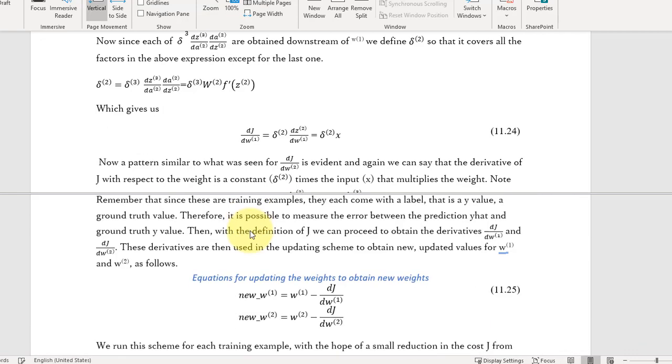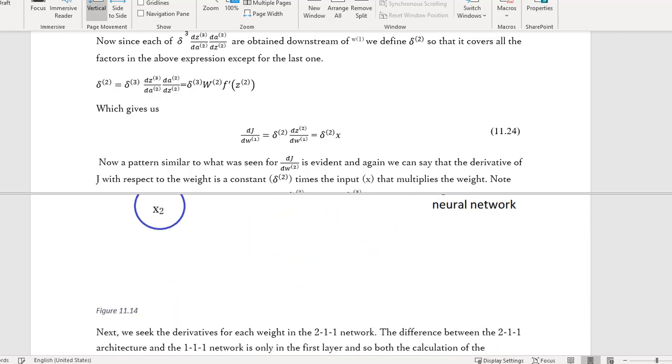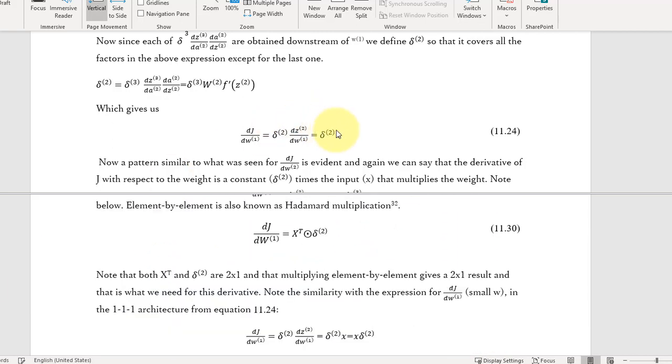Let me go down and show you that they look quite similar. So this was for the 1, 1, 1 matrix, and this is for the 2, 1, 1 matrix, and they look very similar. We put the X over here. It doesn't make any difference in this case.